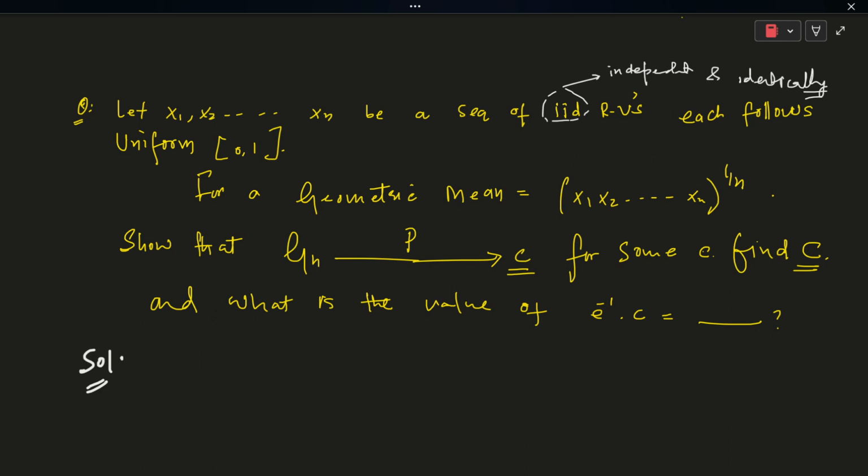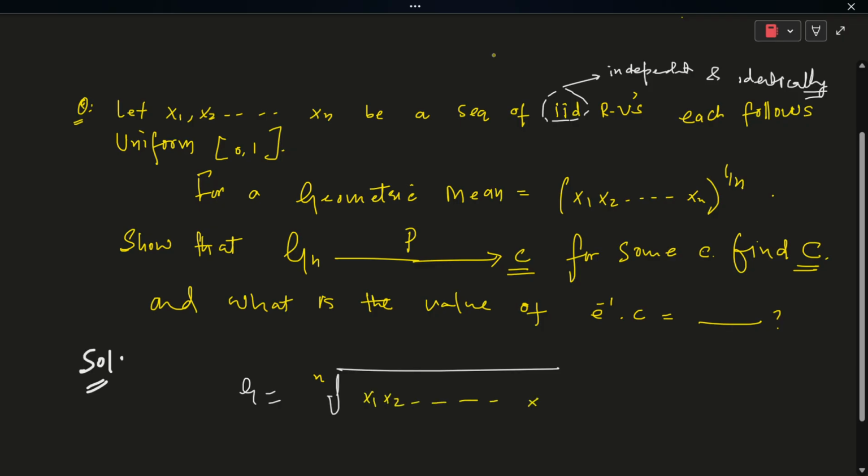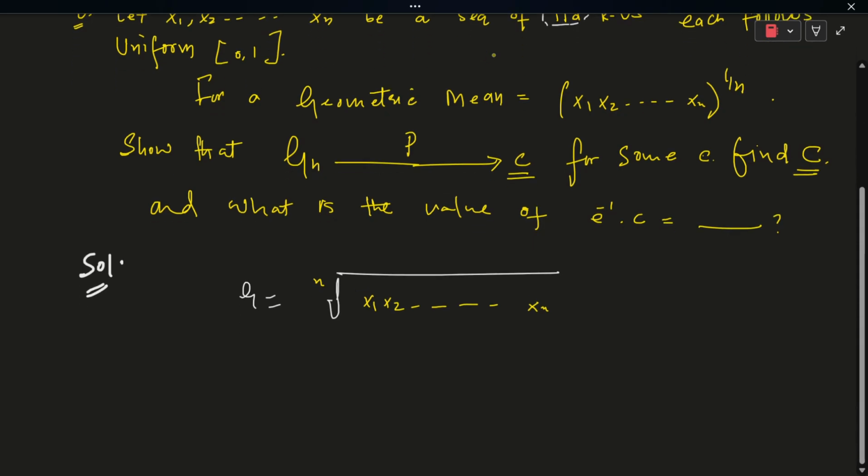Then for the geometric mean, that's (x1 up to xn) raised to the power 1 upon n, we can write Gn as the product x1 x2 up to xn raised to the power 1 upon n, right?